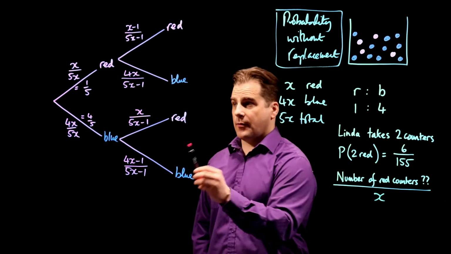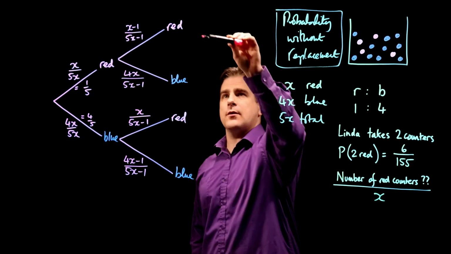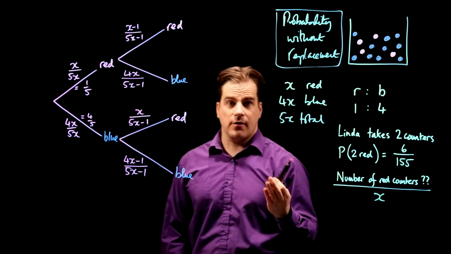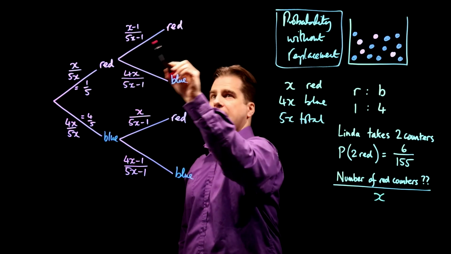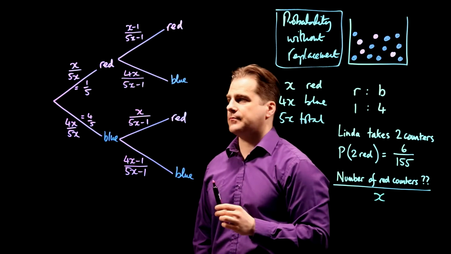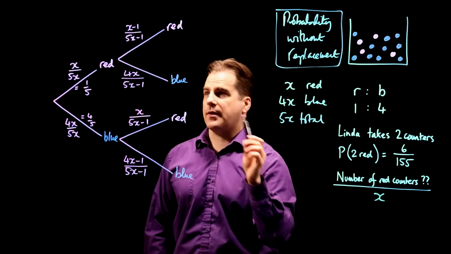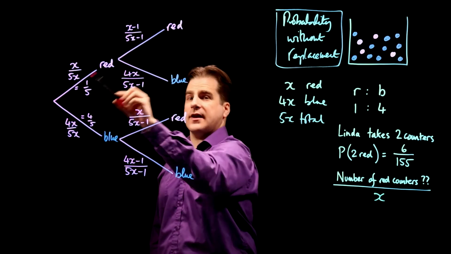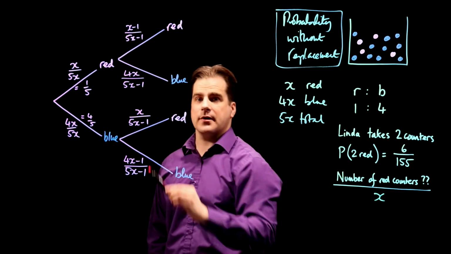And we can work out from the probability tree diagram what the probability of each of these four things happening is. What's the probability of choosing a red counter, then another red counter? What you do is multiply the probabilities of each branch together. So you multiply that number by that number.